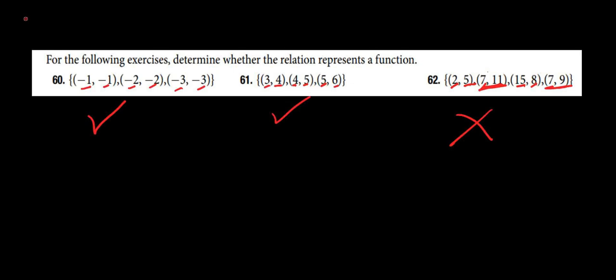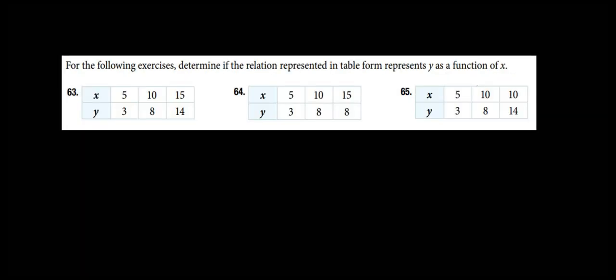Now, let's quickly move on to the next question. All right, the question says, for the following exercises, determine if the relation represented in the table form represents y as a function of x.